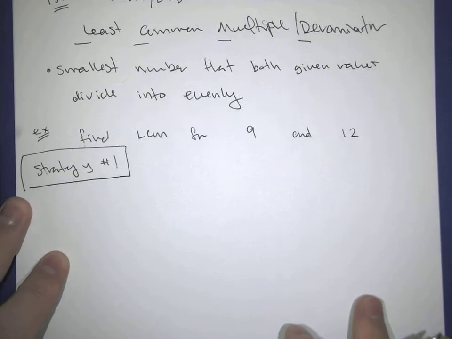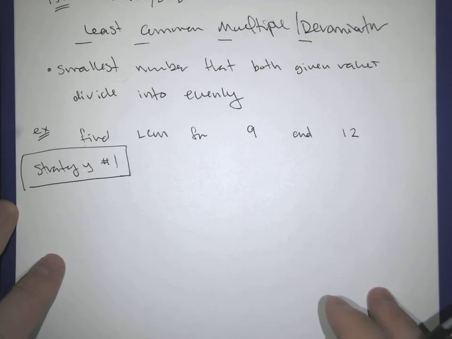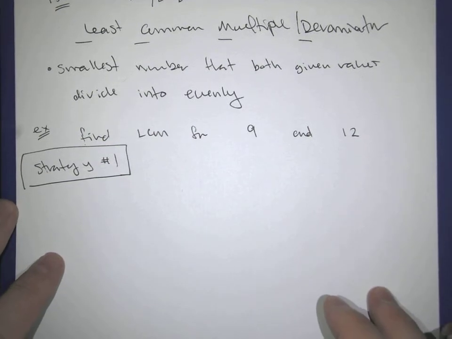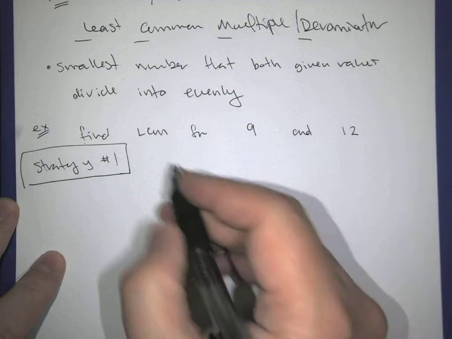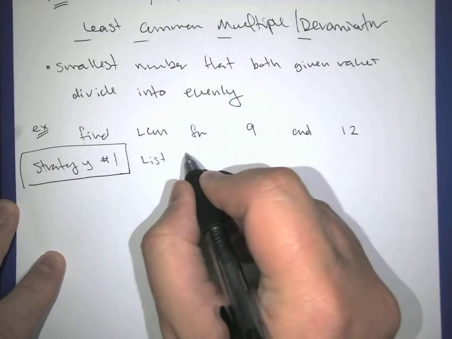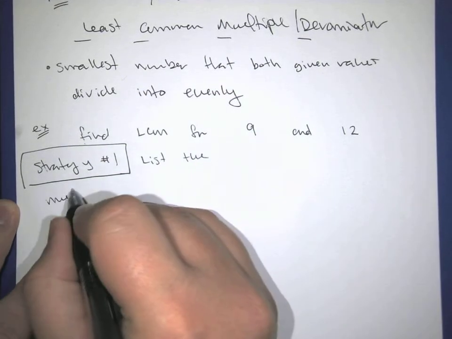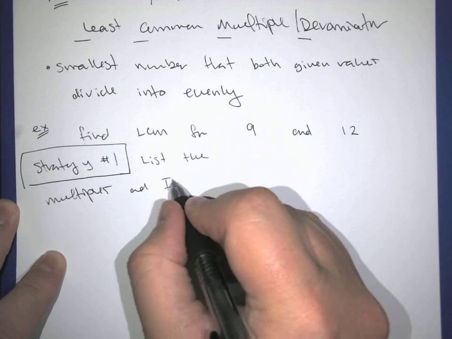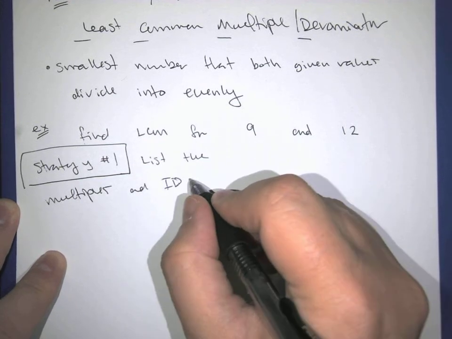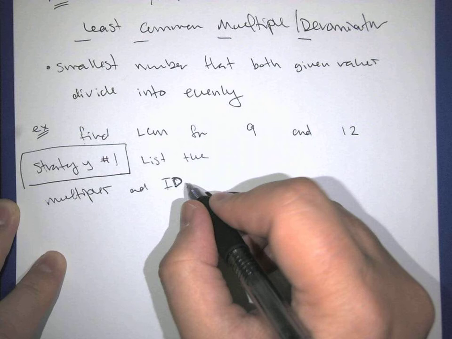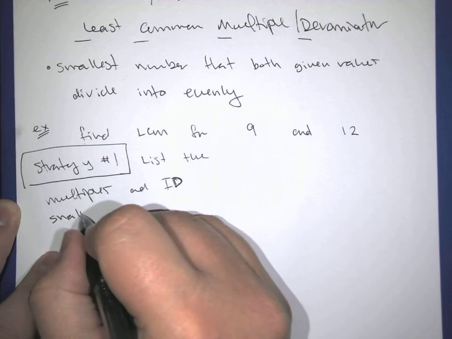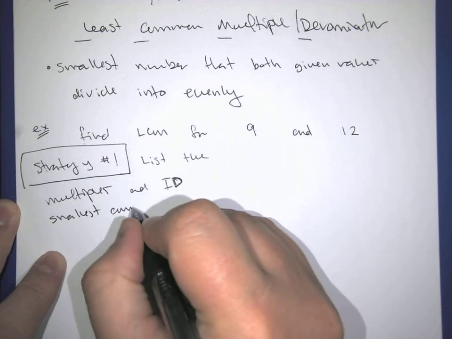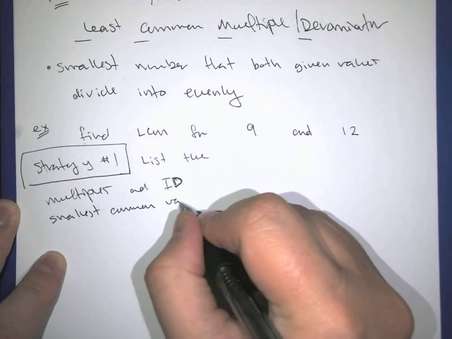So this is more of a brute force kind of technique, meaning you just do everything as directly as possible. And so this is going to be simply: list the multiples and identify the smallest common value.